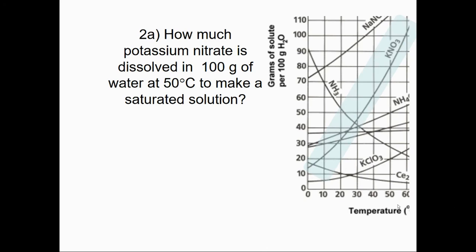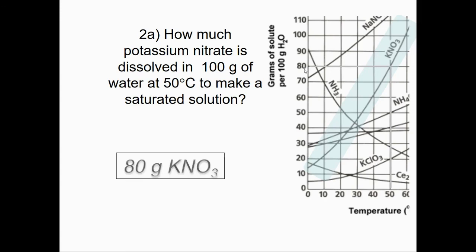You're at 50 degrees Celsius, and we're trying to make a saturated solution. So we're trying to find the point on the line at 50 degrees. You go up from 50 degrees and hit this point. Now you go across to see how many grams of potassium nitrate it took, and it takes 80 grams.